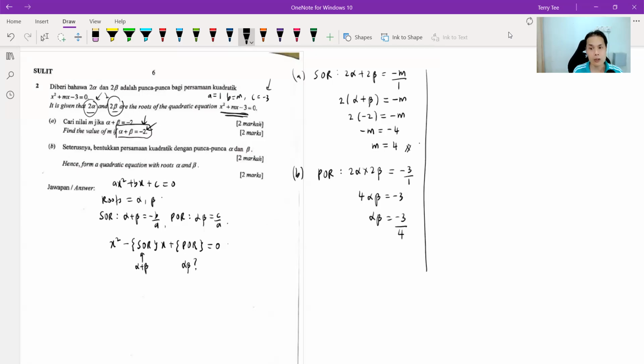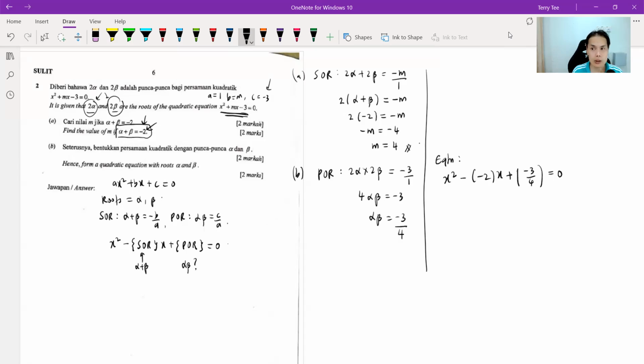All right, we're not done yet. We know our SOR, we know our POR now. Okay, now sub inside and find our equation. So the quadratic equation will be x squared minus my alpha plus beta is -2. So let's put -2 inside x. My POR is -3 over 4.